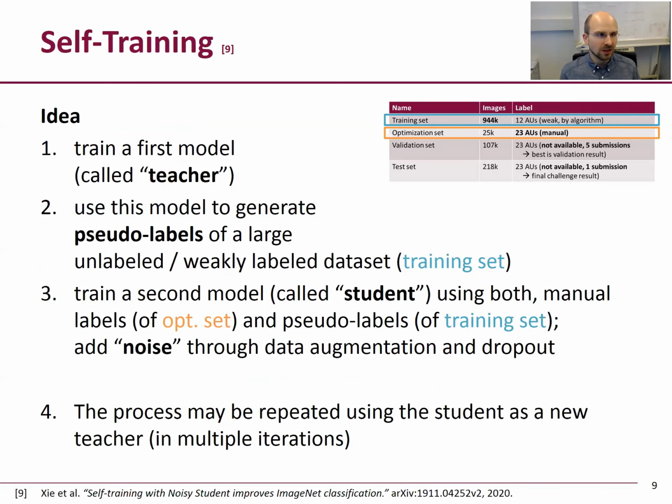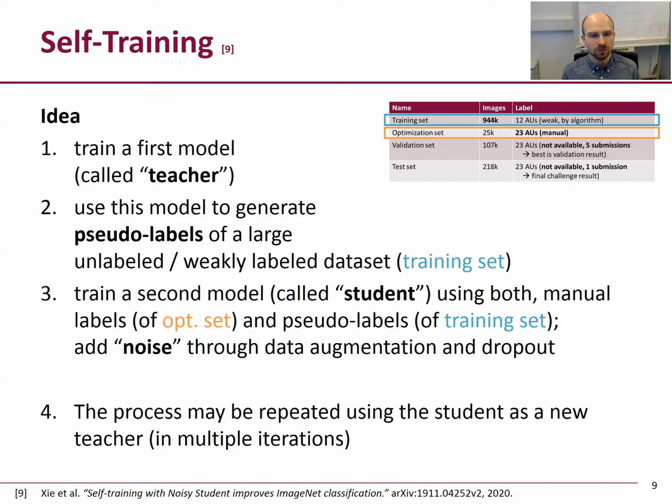The second key concept of our approach is self-training. The idea is quite simple. We train a first model, which is called teacher, and then we use this model to generate pseudo-labels of a large unlabeled or weakly labeled data set, which is in our case the training set. Then we train a second model, which is called student.